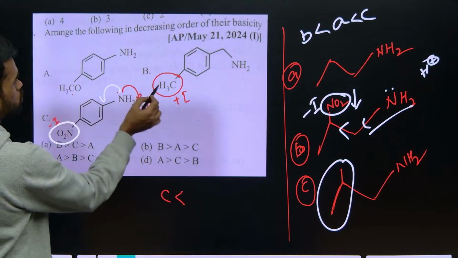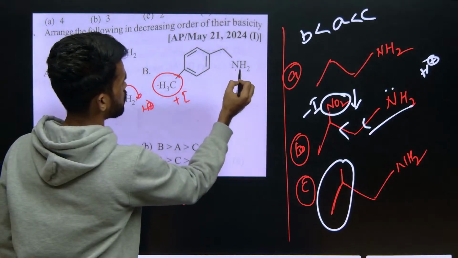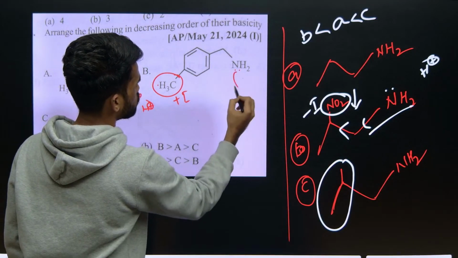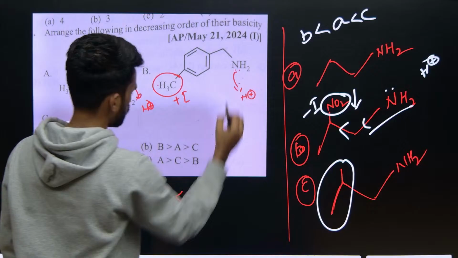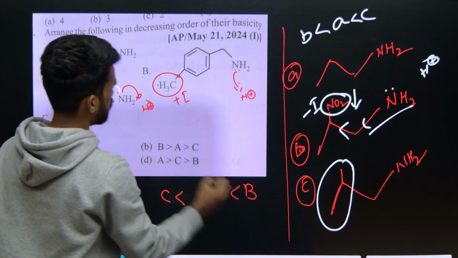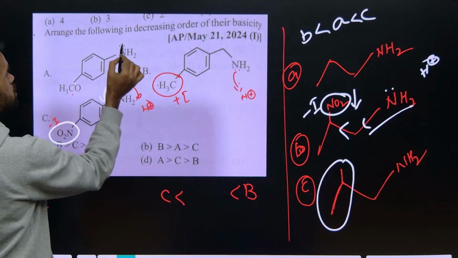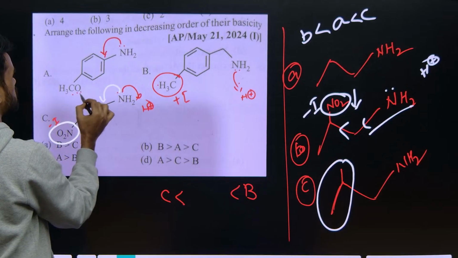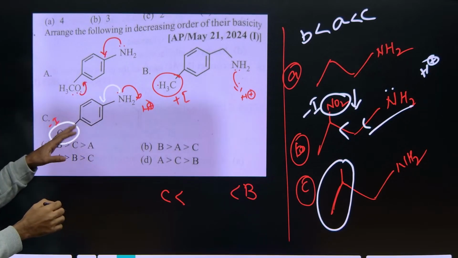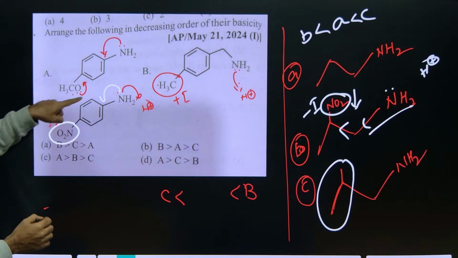Between 1 and 2, if you observe, these lone pairs are not in conjugation with the ring, they are free to accept the H plus ion. So B is more basic out of these two. And here these lone pairs are in conjugation, and this is a plus I effect. So relatively, when I compare with C and A, this is a plus I effect.